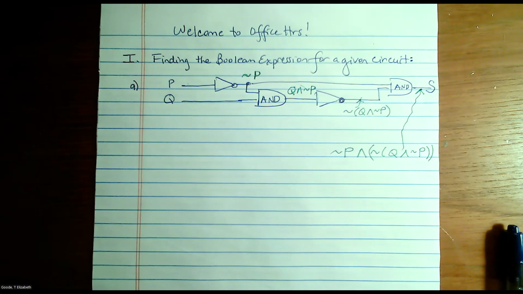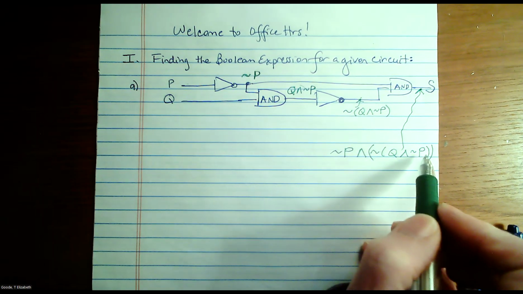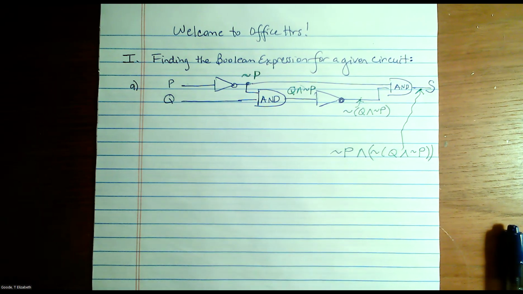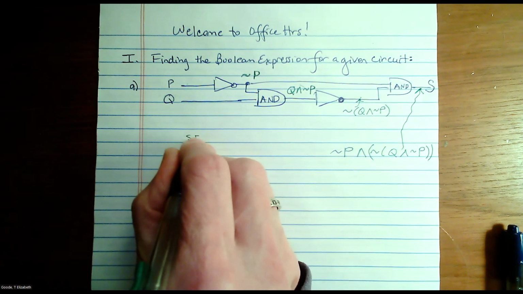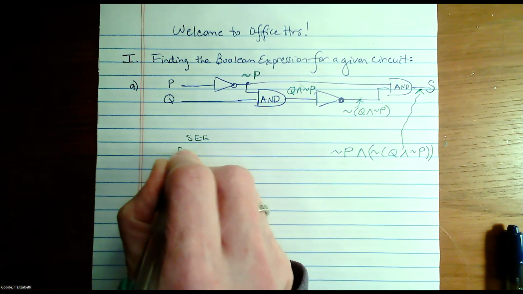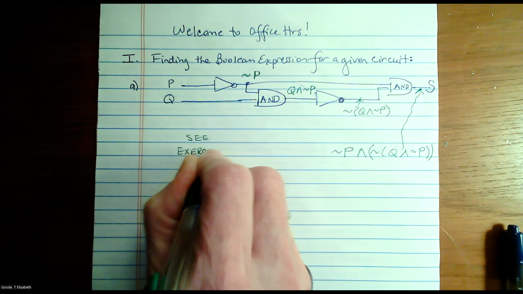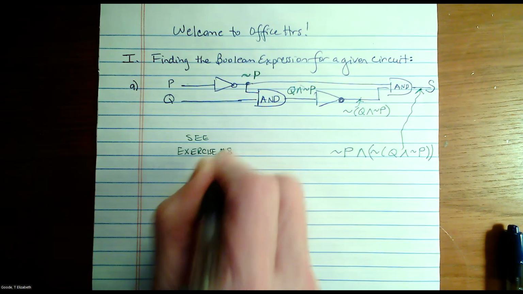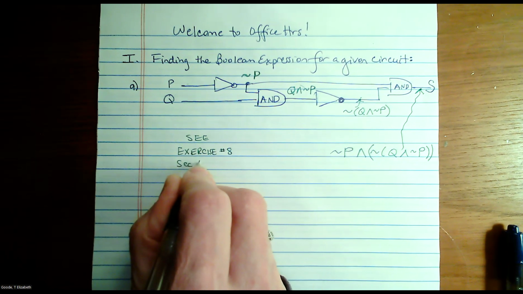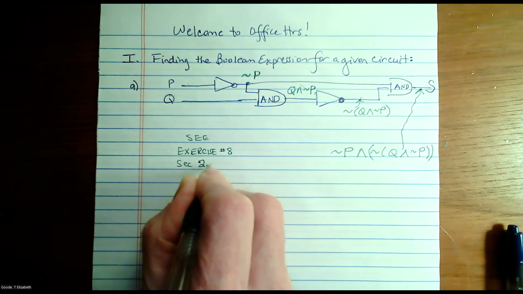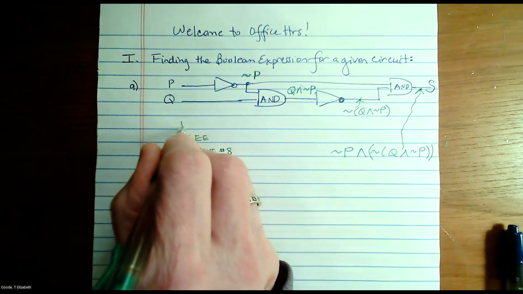I think I understand what you just asked. You can put parentheses around this, but if you look at problem number 8 in WebAssign, exercise number 8 in section, did I say 4.3? I meant 2.4. Goodness gracious.